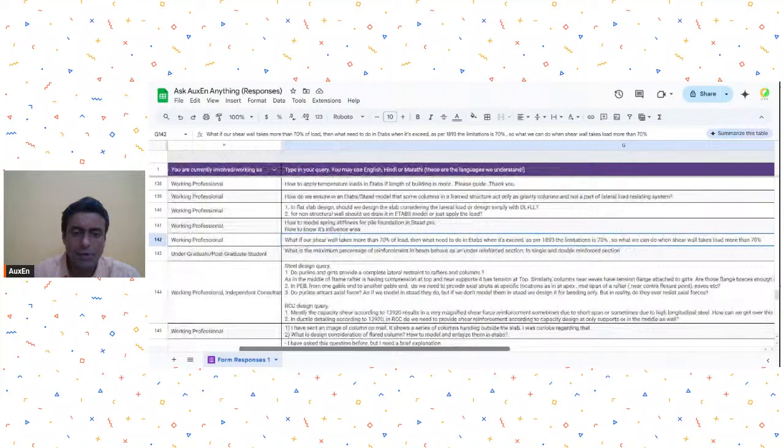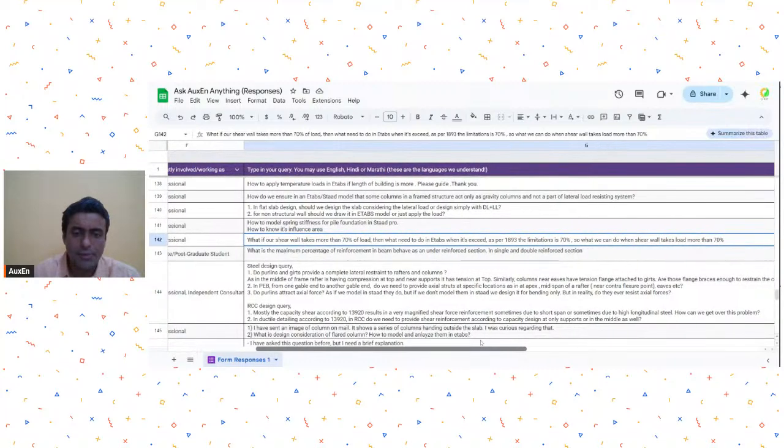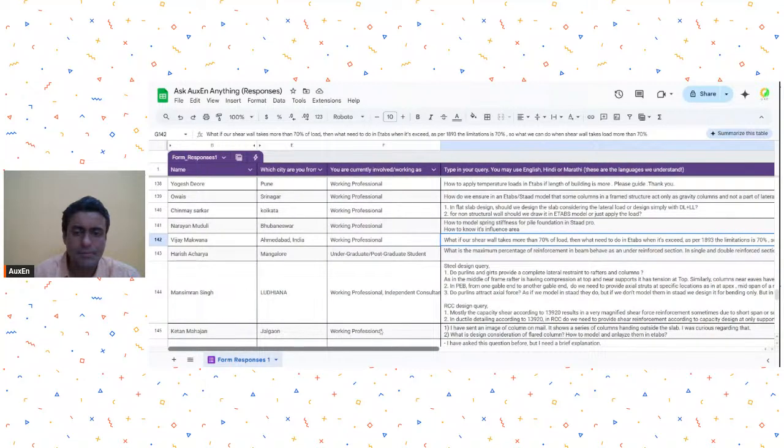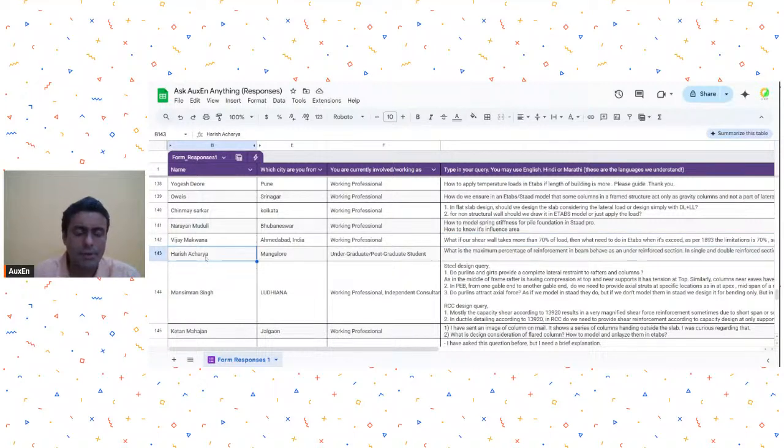Then what do we need to do in ETABS? Because as per 1893, the limitation is 70%. I don't know where this limitation is. I think he's talking about some dual system. Please put your query in more detail. I am unable to understand it properly.